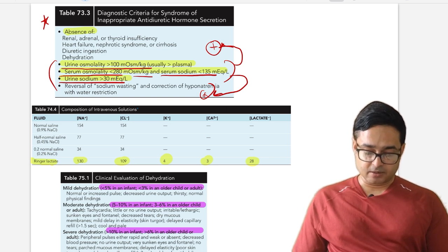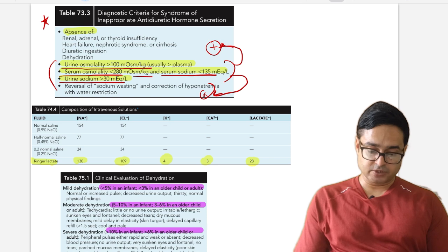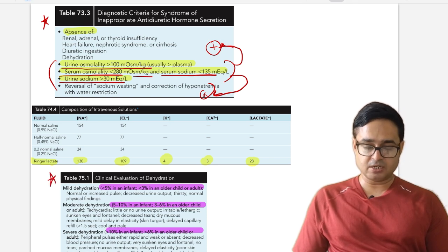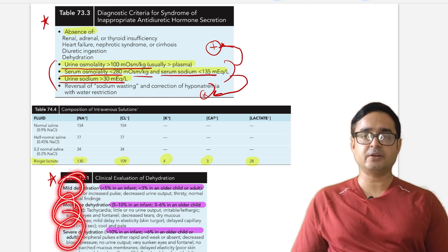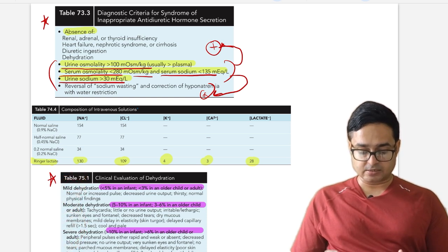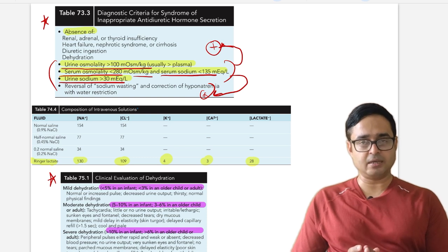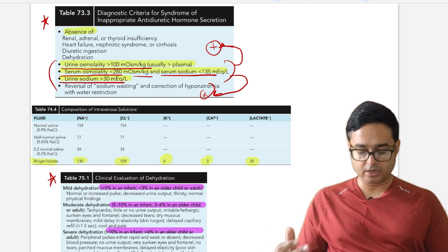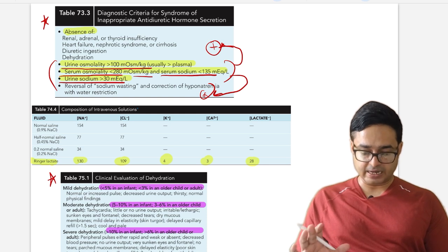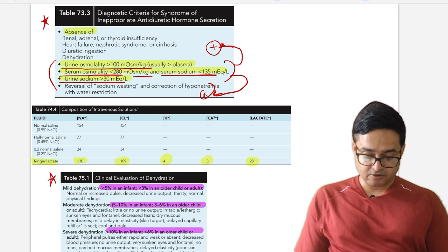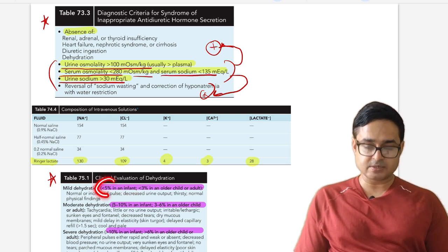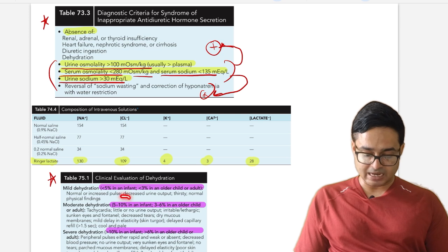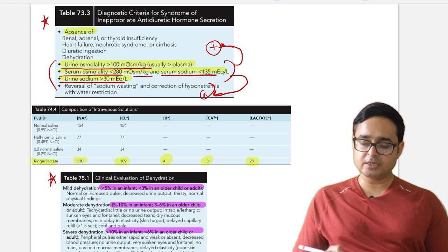Another subtopic is clinical evaluation of dehydration. Dehydration is quantified as mild, moderate and severe dehydration. There are two criteria: infant up to 1 year, and after 1 year, like older children and adults, which are classified differently. First infant: less than 5% is mild dehydration, 5 to 10% is moderate dehydration, and more than 10% is severe dehydration.